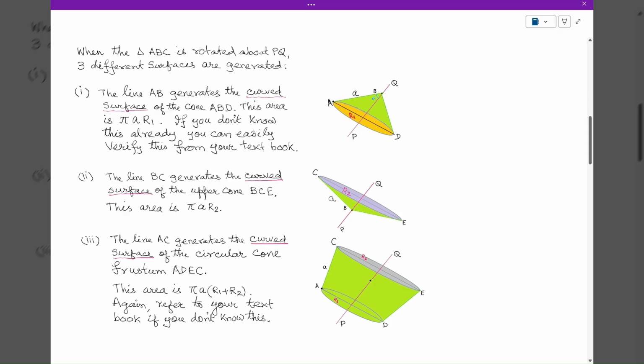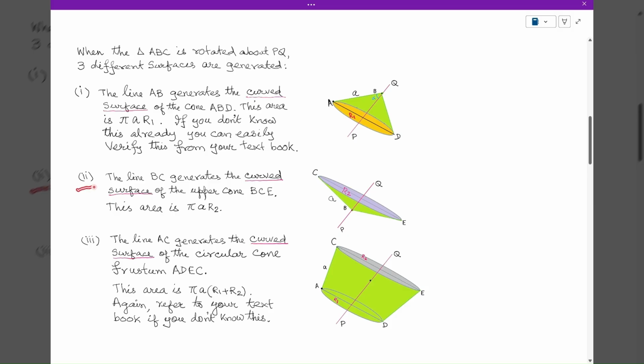For such a cone, the curved surface area is pi a R1, where a is the slant height and R1 is the radius of the base. This is a standard formula for a right circular cone. If you do not know this, please verify this from your geometry textbook. This area is generated at the bottom of the whole figure.